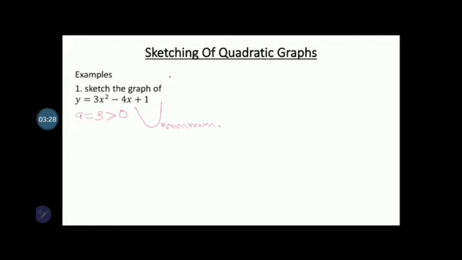And let's find our turning point. We want to express this one in terms of a(x plus p) squared plus q.